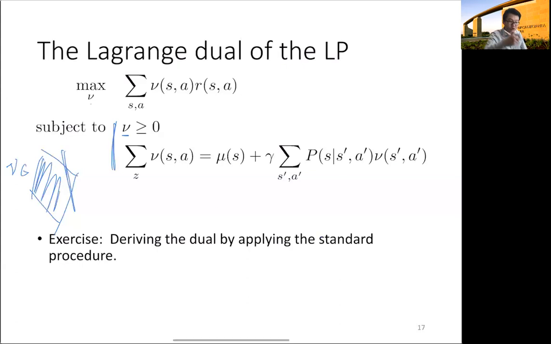So what is this new? By just looking at this objective function value, we can already see that this new at the optimal solution is essentially the occupancy corresponding to the optimal policy, right? So the optimal solution of this new is equal to nu pi star.